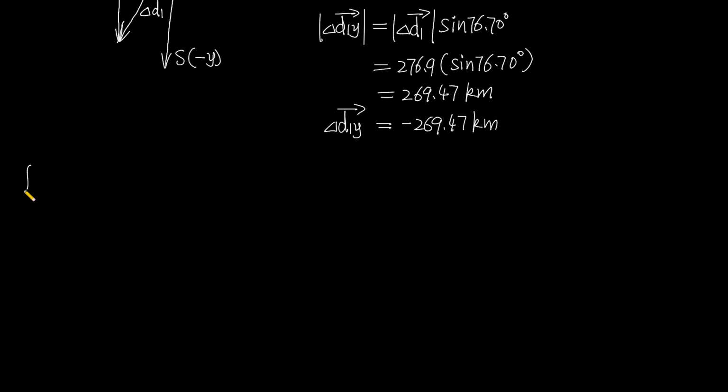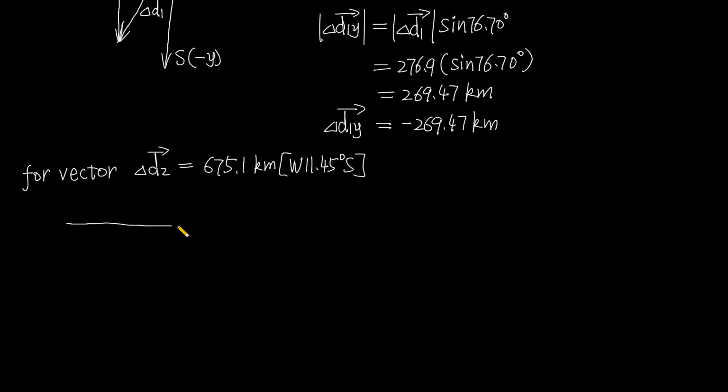Then for vector delta d2, 675.1 kilometers. The direction is west, 11.45 degrees toward south. Again, this is west, also negative x direction.